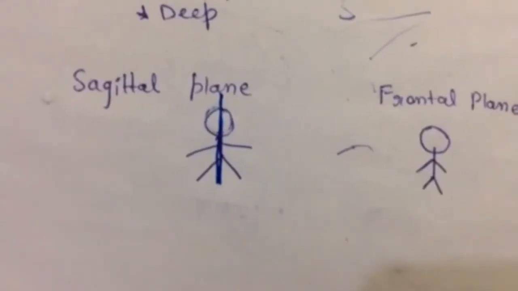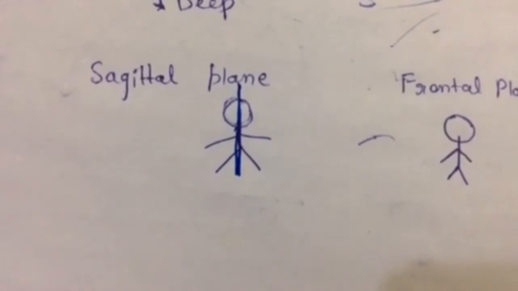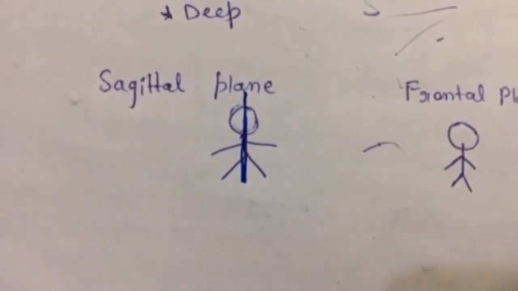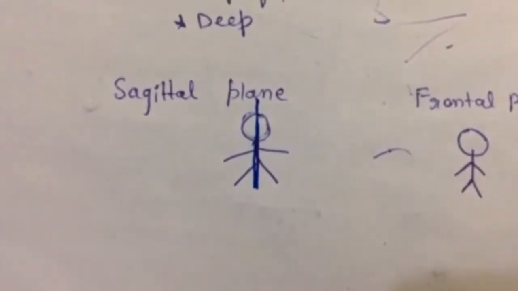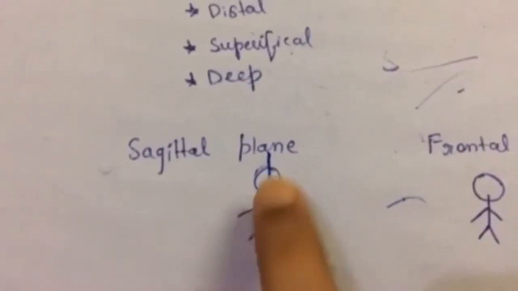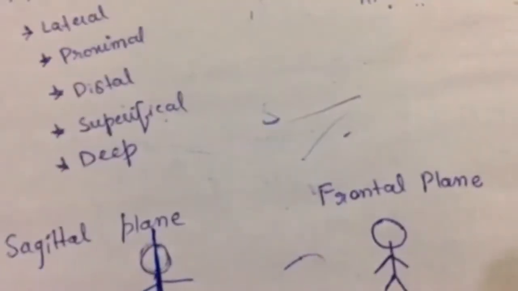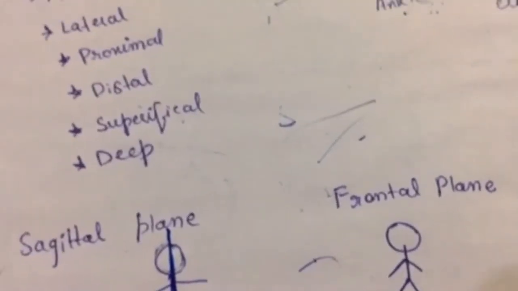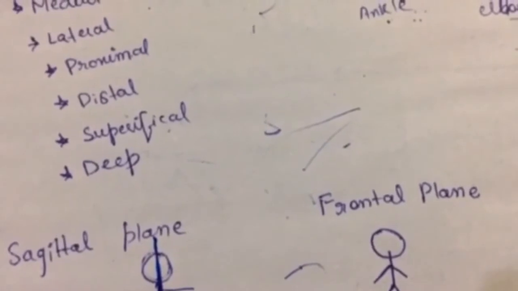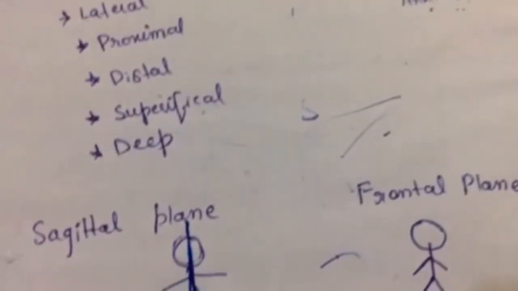Now we are going to see in which plane which movements occur. In the sagittal plane we see backward and forward movements, because the body is divided into left and right halves. The motions of the arms and legs are basically defined here, and we perform forward and backward movements.